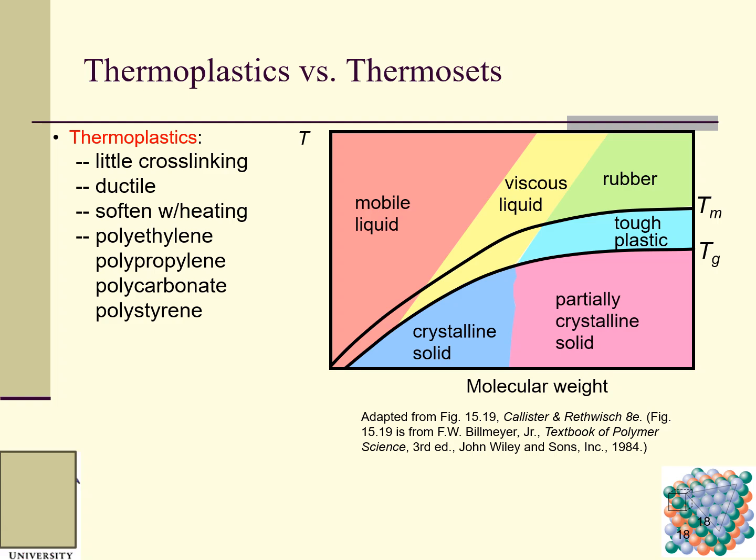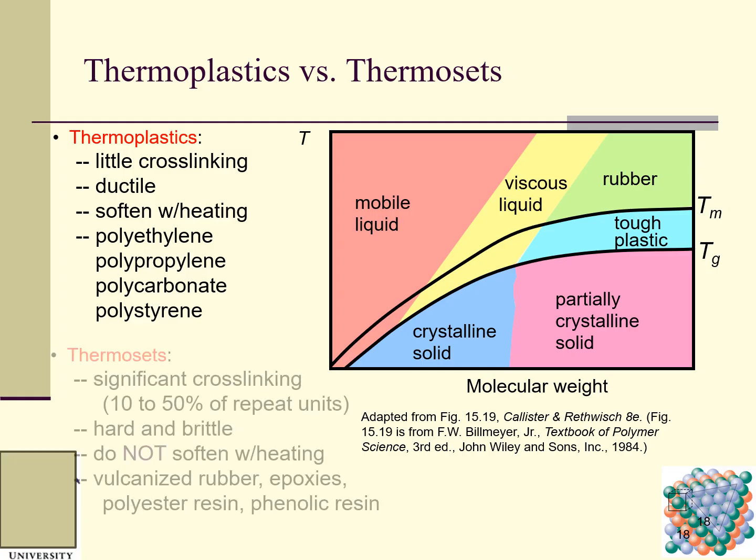And then we talk about thermoplastics and thermosets, and they are different. Thermoplastics have little cross-linking; as the name says, plastic, ductile, they soften with heating. For example, polyethylene, polypropylene, polycarbonate, and polystyrene.